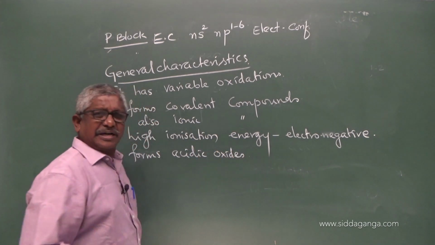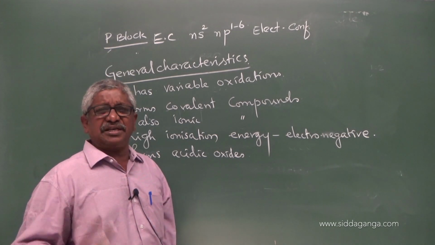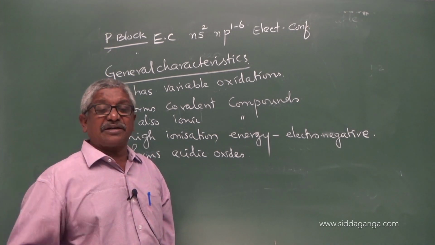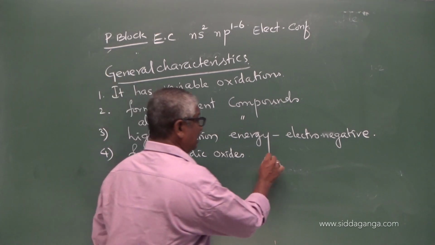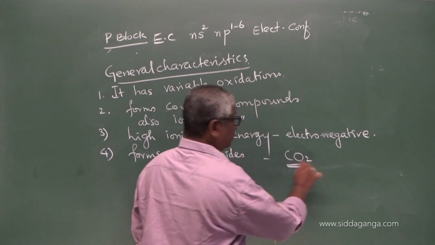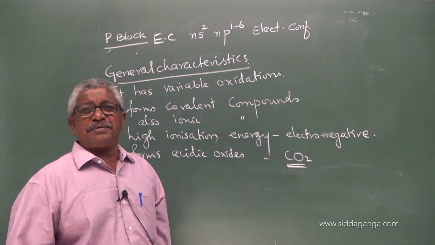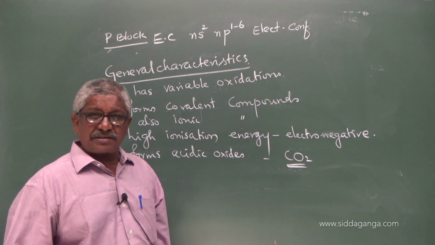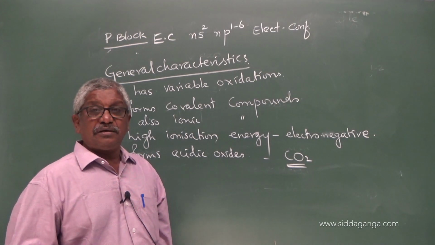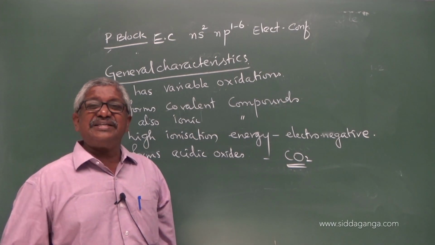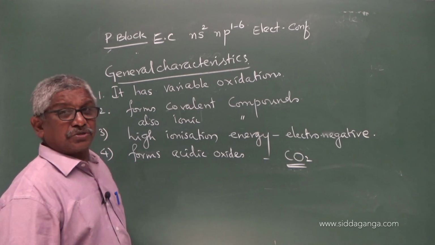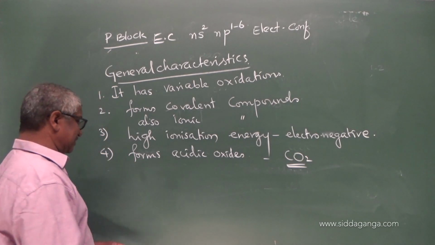If these elements combine with oxygen, then it will become an acidic oxide. For example, carbon dioxide. Carbon is a P block element. With oxygen, it becomes carbon dioxide, an acidic oxide, which is acidic in nature. So the compounds produce acidic oxides.